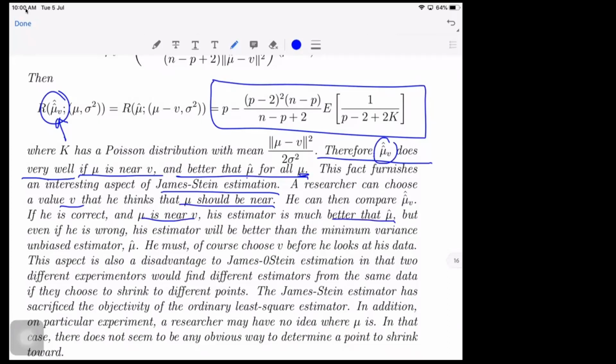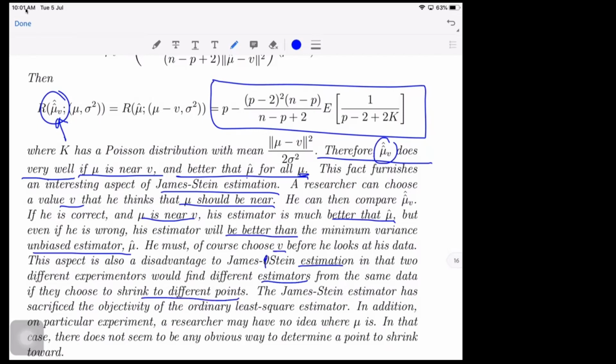But even if he is wrong, his estimator will be better than the minimum variance unbiased estimator, that is, your mu hat. He must of course choose V before he looks at his data. This aspect is also a disadvantage of James-Stein estimation, in that two different experimenters would find different estimators from the same data if they choose to shrink towards different points.